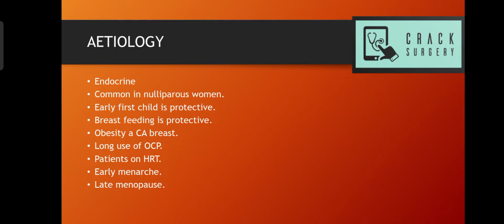Other factors such as endocrine dysfunction, nulliparous women, obesity, long use of oral contraceptive pills, patients on HRT, early menarche and late menopause are responsible factors for CA breast. Early first child and breast feeding are protective against CA breast.